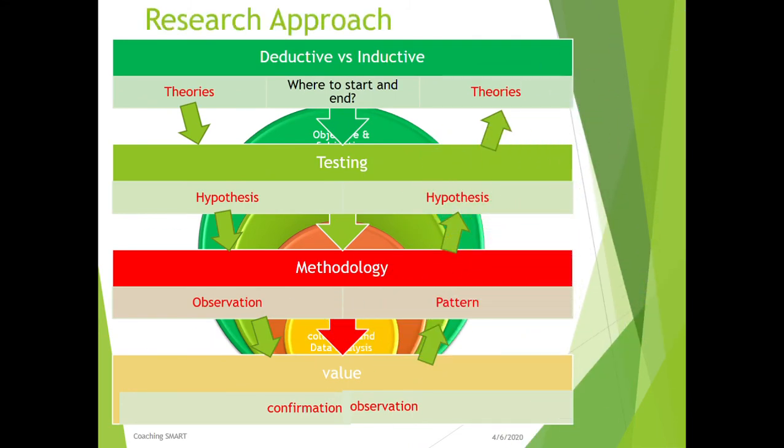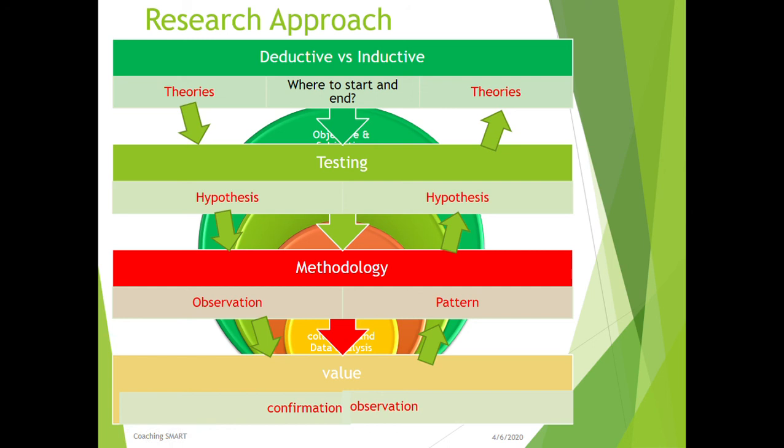Our next initiative is research approach. So in the research approach, we are looking at your reasoning, the reasoning perspective, your approach in terms of thinking. So in your approach, we have two very important reasoning perspectives, deductive and inductive.